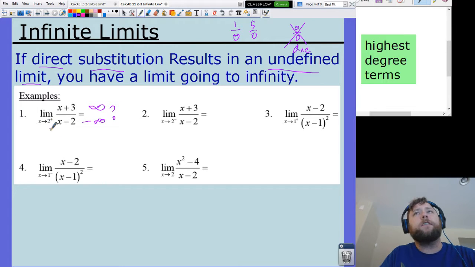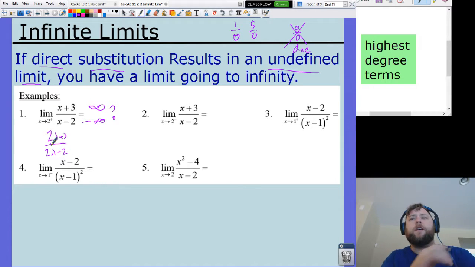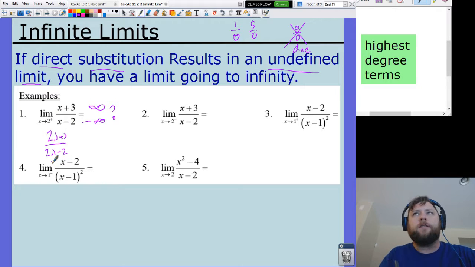For a 2 plus, let's plug in 2.1, a little bit higher. So we get 2.1 plus 3 over 2.1 minus 2. What you're really checking is whether the top and bottom are negative or positive. You could do a bunch of values and plot it going up or down, but you're checking the sign of the top and bottom, and that gives you an indication.